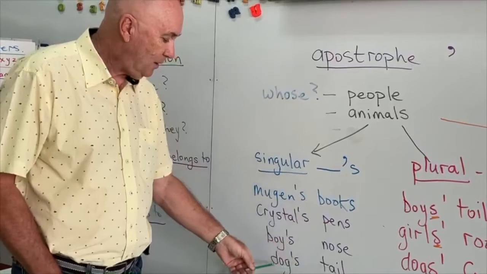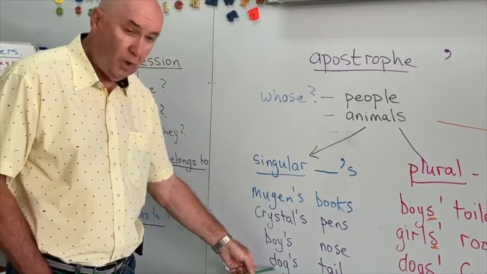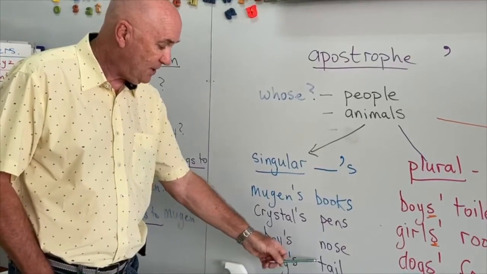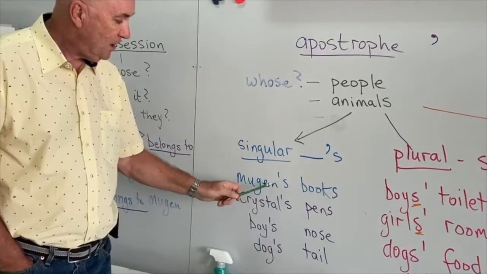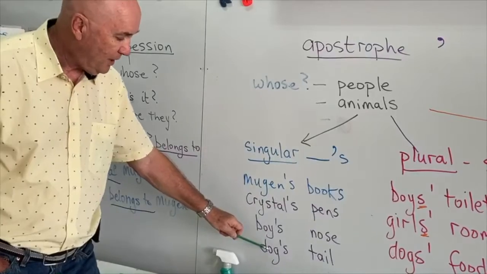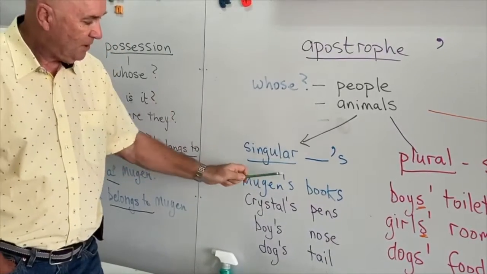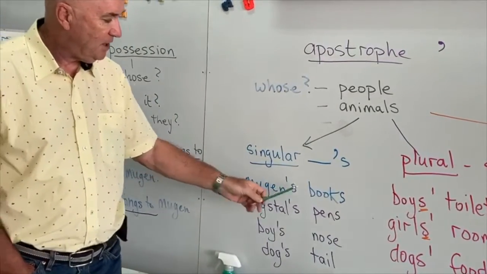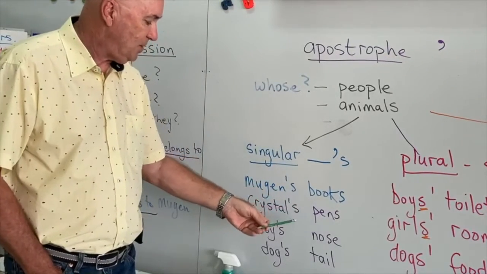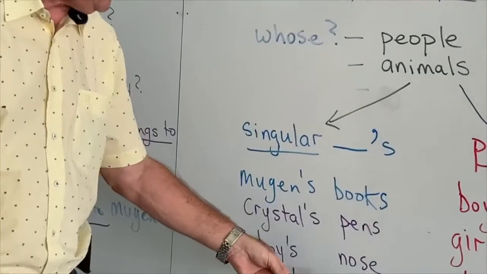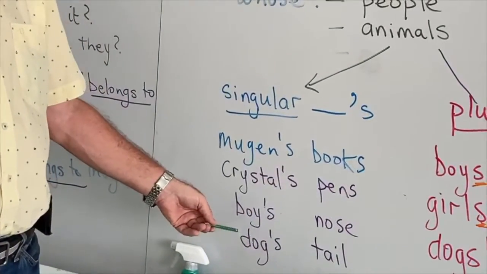Or the tail of the dog, one dog, so dog's tail. Dog is singular. So, Mugen, Crystal, boy, dog, one. So then we put apostrophe S to show the books of Mugen, or the pens of Crystal, the nose of the boy, or the tail of the dog.